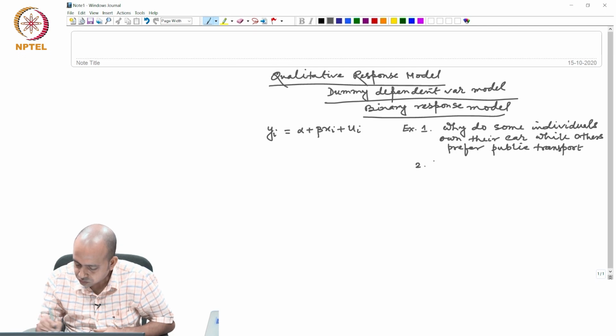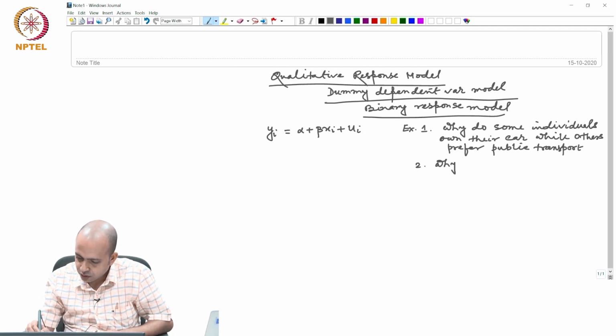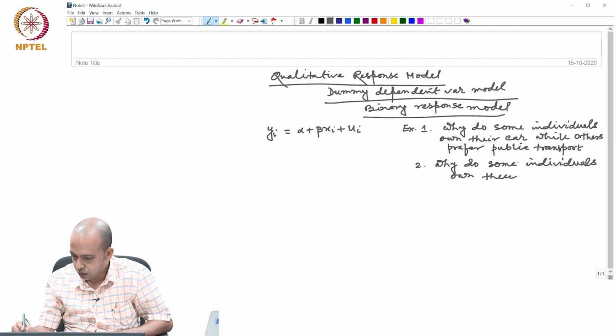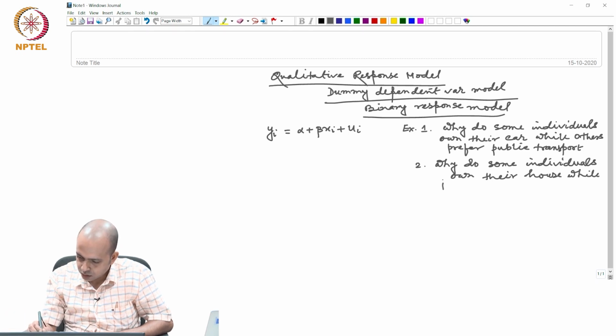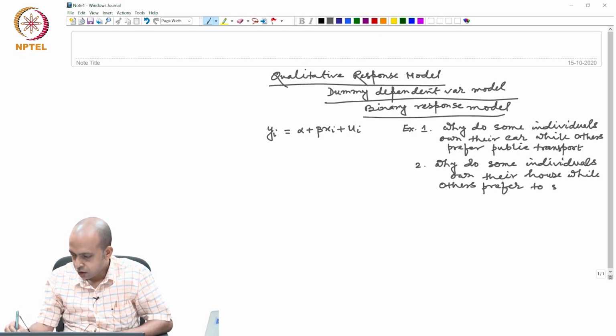Example number 2: why do some individuals own their house while others prefer to stay in a rented apartment?